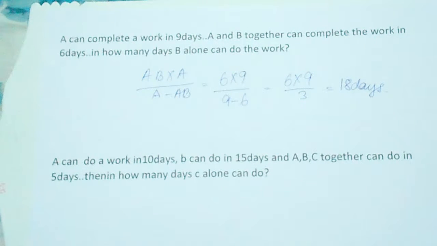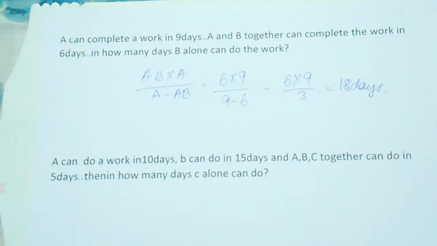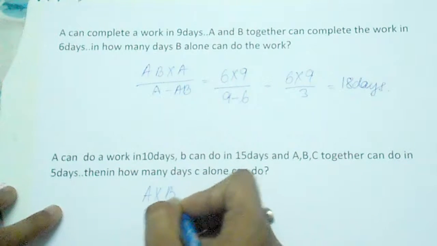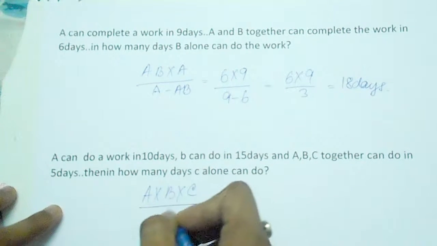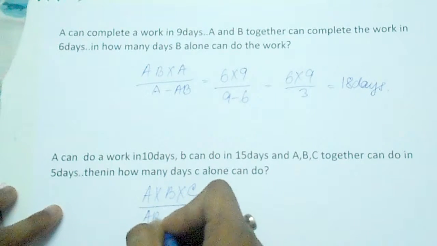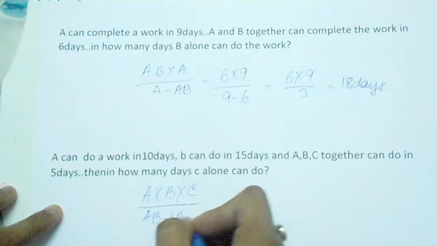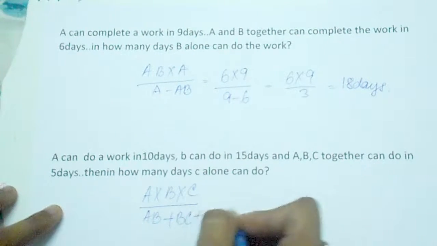So the next sum states that A can do a work in 10 days, B can do in 15 days, and ABC together can do in 5 days. It's similar to the previous sum, only the number of persons has been increased, just to make you understand what's happening. A into B into C divided by AB plus BC plus CA.